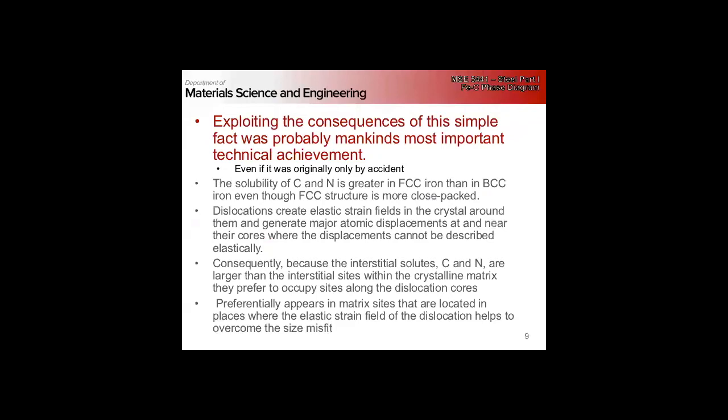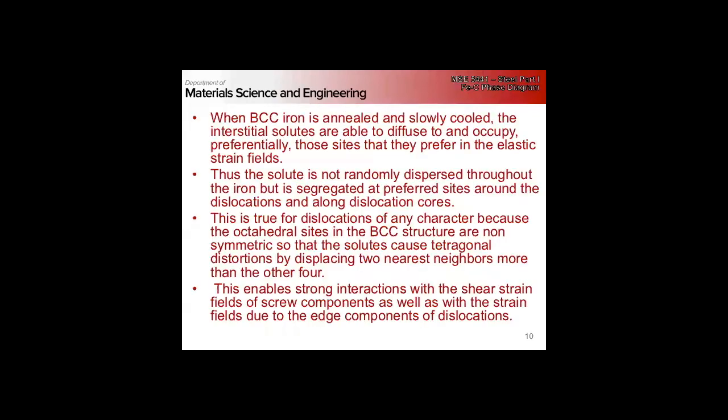So the fact that the carbon, right, is also because of the mobility of moving around from interstitial site to interstitial site, they're going to tend to align themselves with dislocations, right?